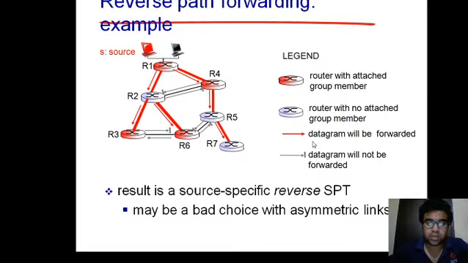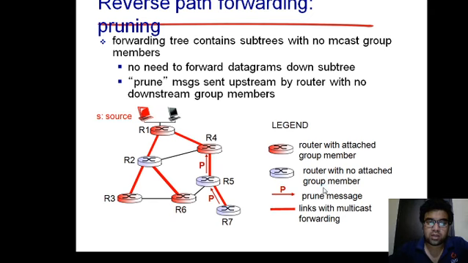What it says is the result is a source specific reverse SPT, and it may be a bad choice with asymmetric links. If you find asymmetric links in your network, then reverse path forwarding may be a bad choice for you. So you have to use the first one.